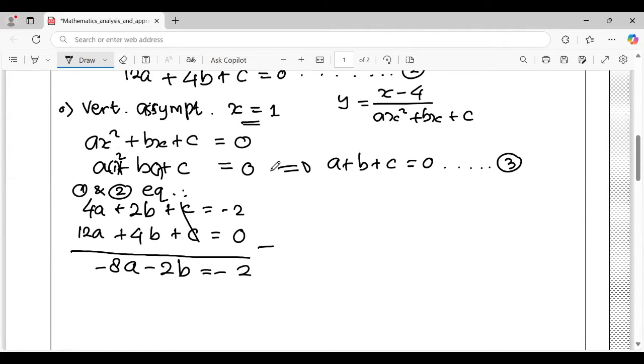Okay, next. And after that, the first and the third equation.